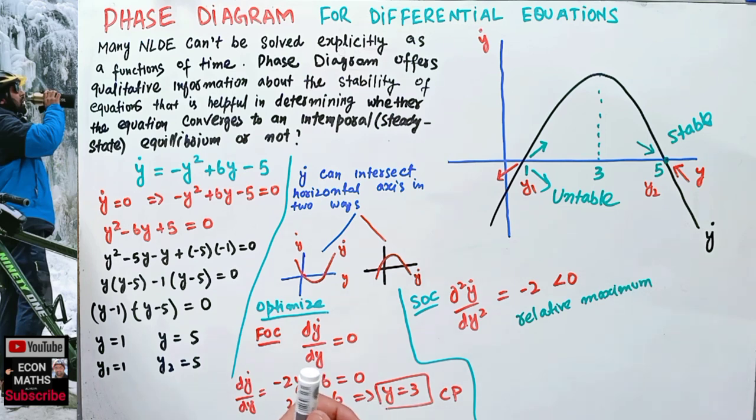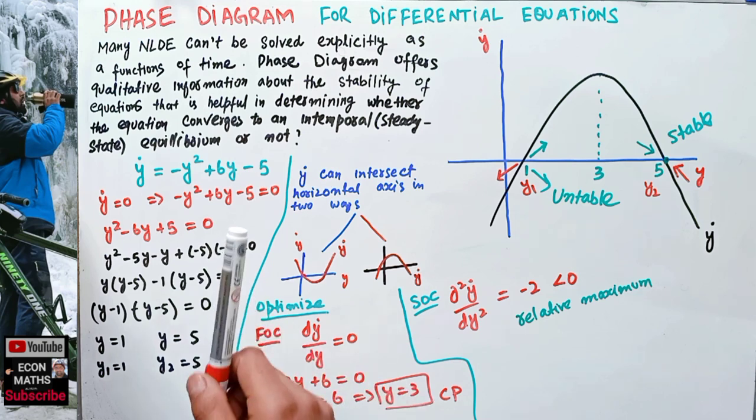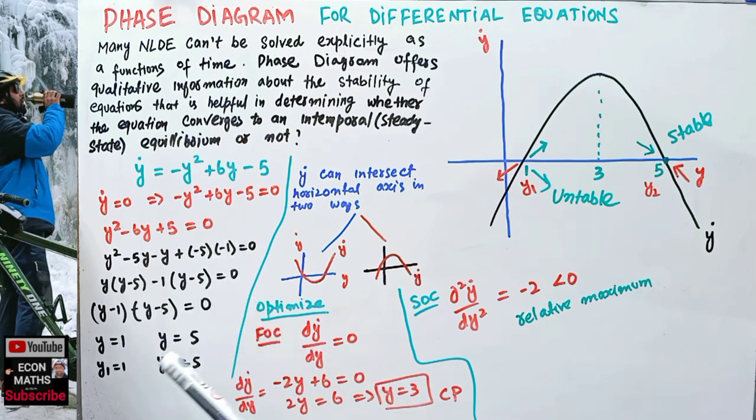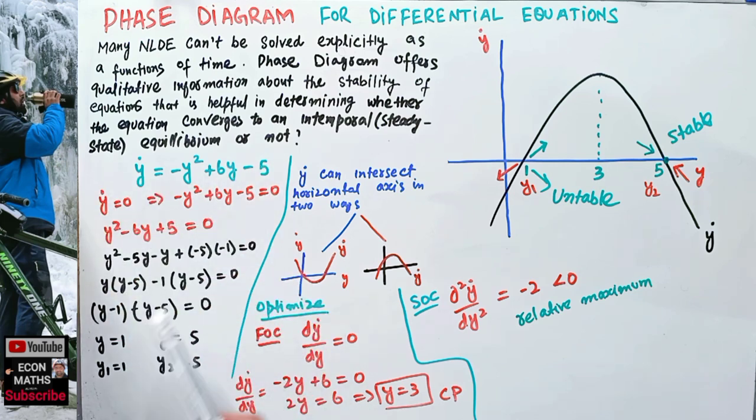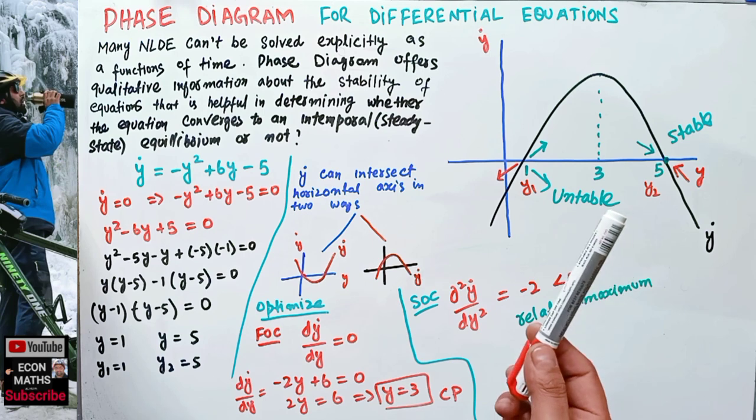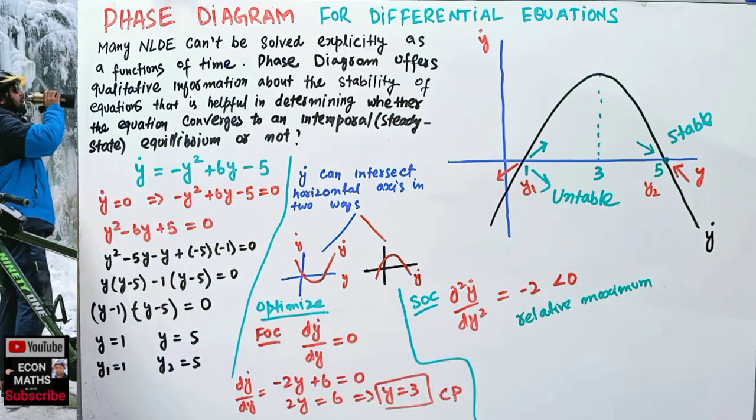So let me repeat it again. First, as I told you, for non-linear differential equations that cannot be explicitly solved as a function of time, we use the phase diagram. Since this was our non-linear differential equation, the first step was to set y dot equal to 0.